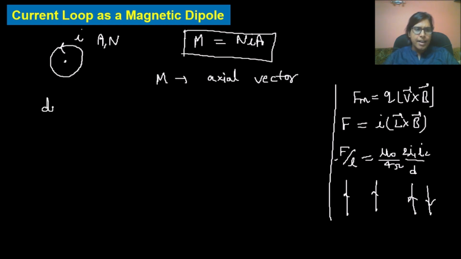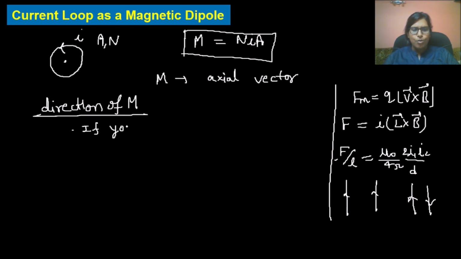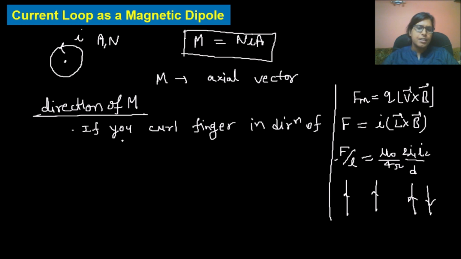Now how will we decide the direction? For the direction of M, if you curl your fingers in the direction of current, then your thumb will be in the direction of M. So if we curl our fingers for this loop in the direction of current, then M will be outside the paper.